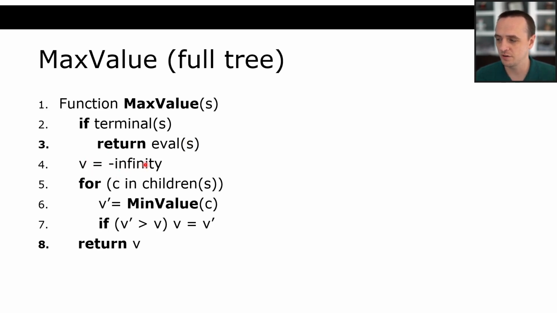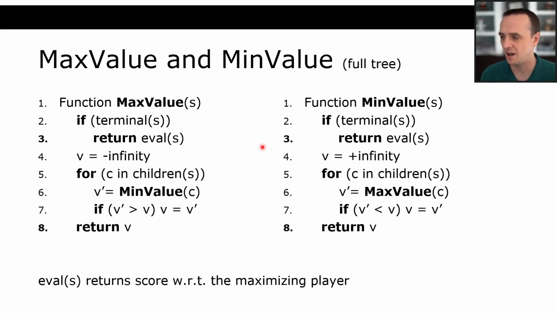So I'm going to set up a negative infinity for each child. Instead of just evaluating here, I want to maximize the result of a minimize. And so I'm going to get the value of that eventually and then compare it to my maximum, and I'm going to return that. However, there's a MinValue algorithm here, which is just the exact opposite of this.